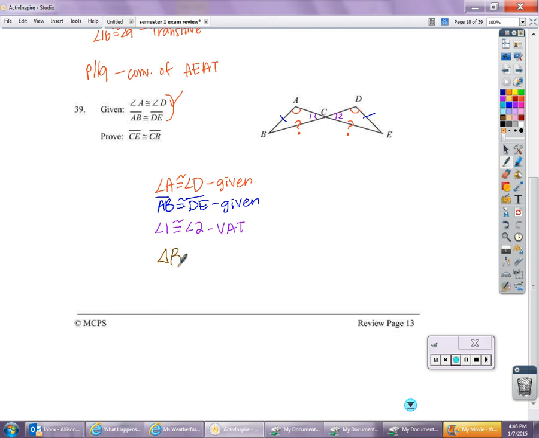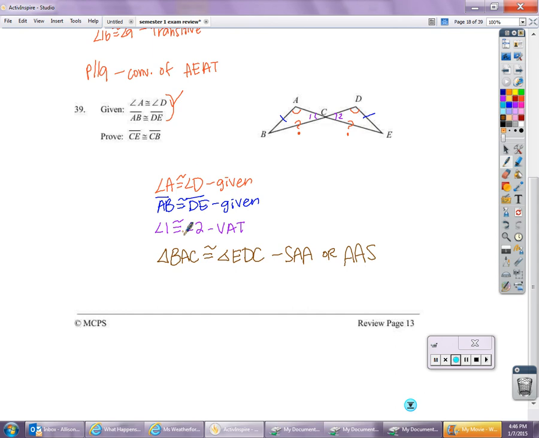So triangle BAC is congruent to triangle EDC; B is partners with E, A is with D, and C is with C. By, and then I look. This is a side, this is an angle, and this is an angle, and this side is not touching this angle. So it's side, angle, angle. Or, if you went the other way, angle, angle, side. But you cannot say angle, side, angle.